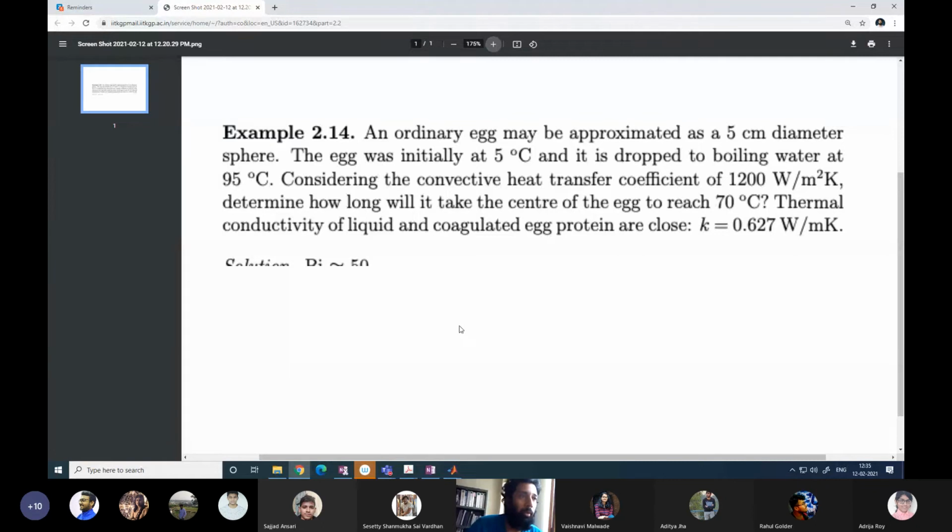Okay, now you can see the next problem. Okay, good, go ahead. Solve this problem. First thing, make a schematic, make a plan, and then only go on solving.